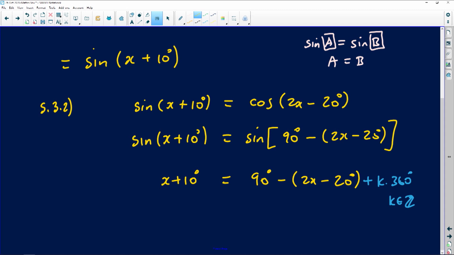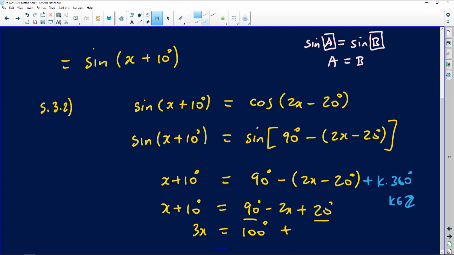Now from here, it's just a simple play of numbers to try and make x the subject of the formula. I think you'll agree with me, you're going to have x plus 10 degrees is 90 degrees minus 2x plus 20 degrees. Adding 2x on both sides, you're going to have 3x on the left, and then subtracting 10 degrees on both sides, I'm going to be sitting with 90 plus 20, that gives us exactly 110. If you subtract 10, it goes back to exactly 100 degrees.